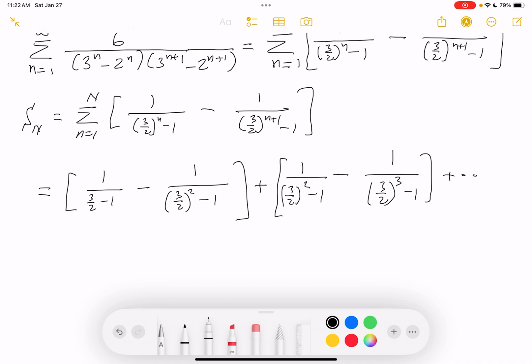Now I start to realize that this is telescoping, and you go to the end of it. What's the end going to be? Well, when I get to big N, I'll get 1 over 3 over 2 to the big N minus 1, and then minus 1 over 3 over 2 to the big N plus 1 minus 1.